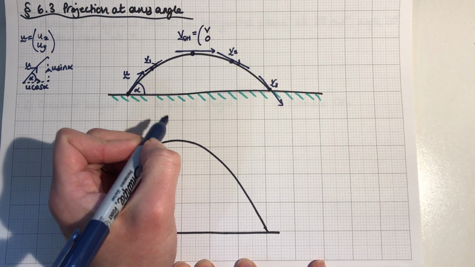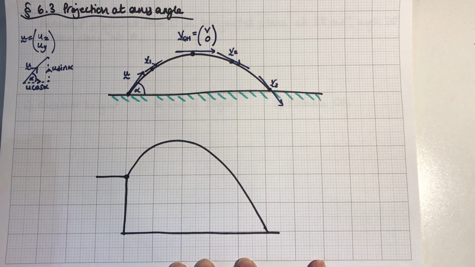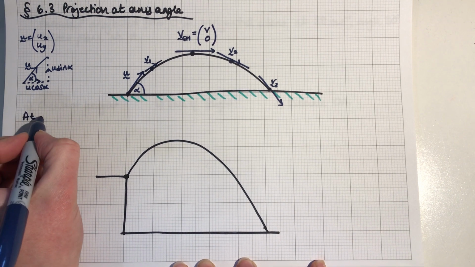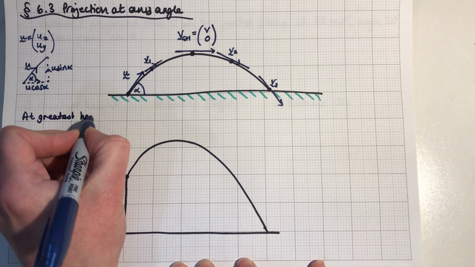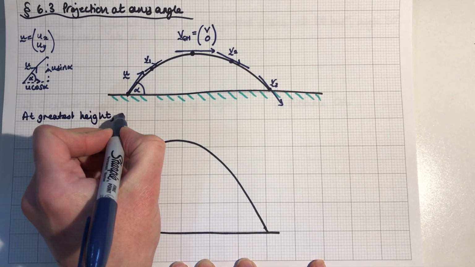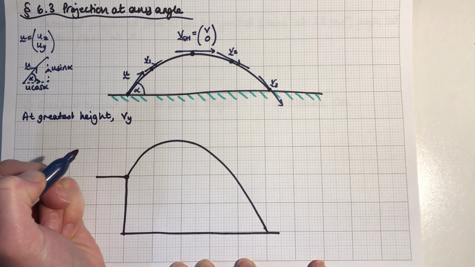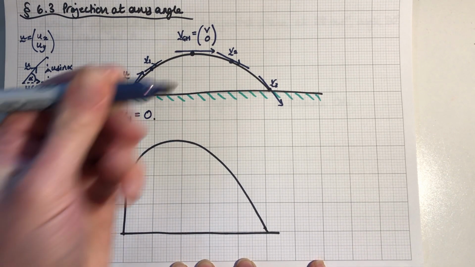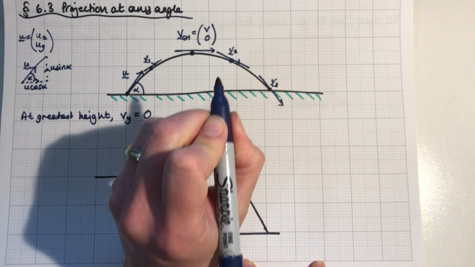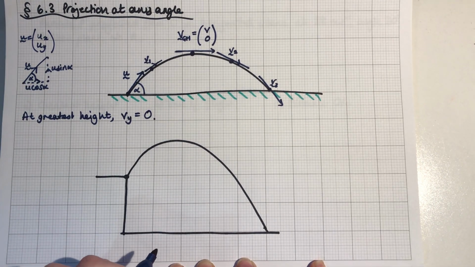There's no vertical component there. So that gives us a really important principle, and that is that at the greatest height, our vertical component of velocity, Vy, is 0. So we're only travelling horizontally, not vertically at all. So that's one important point.